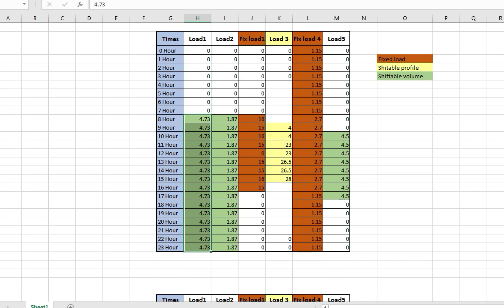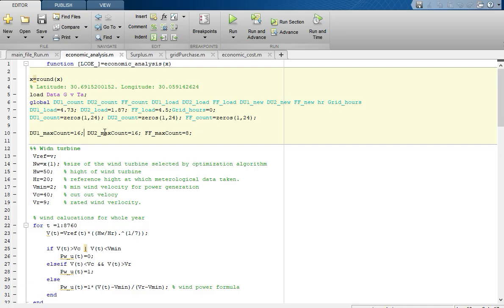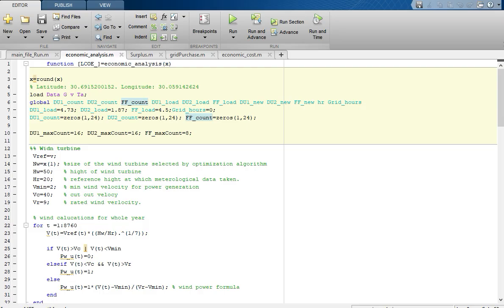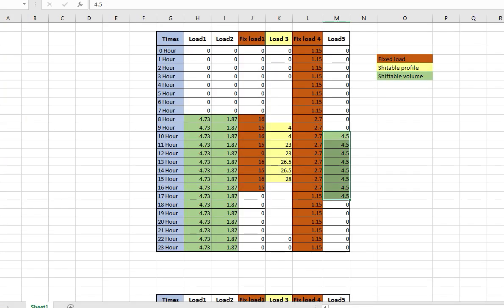So the maximum DU1 count should be 16. Similarly, the DU2 count should be a maximum of 16, not beyond 16. Similarly, the FF count should be 8, the last one. It should not be operated beyond 8 hours, because this is the maximum limit.